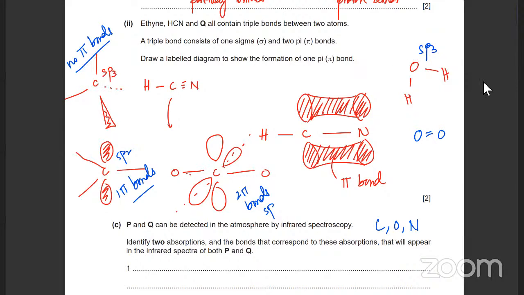It's exactly the same shape, except the other two orbitals already have electrons, and they're full. Oxygen just has to fill two of its orbitals. The other two are already full, so that looks exactly the same, except they're not involved in bonding. Is that clear?